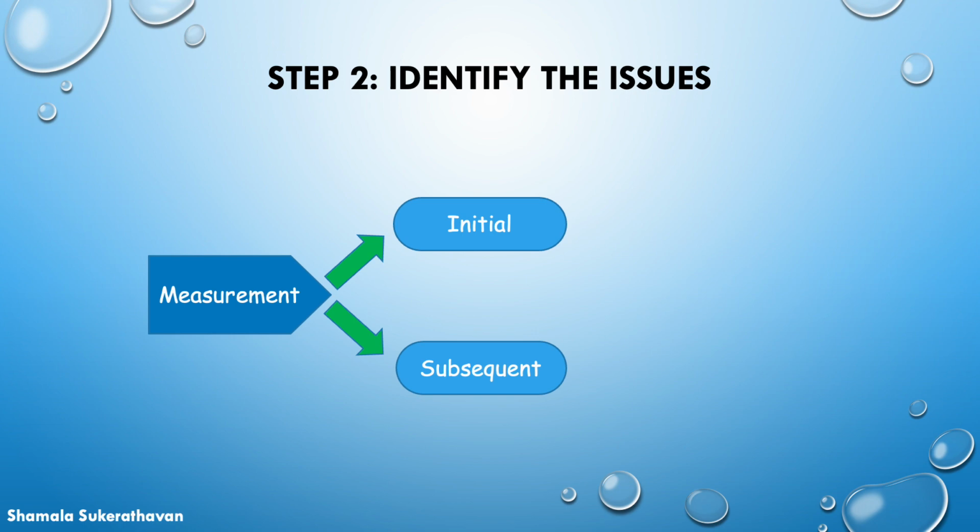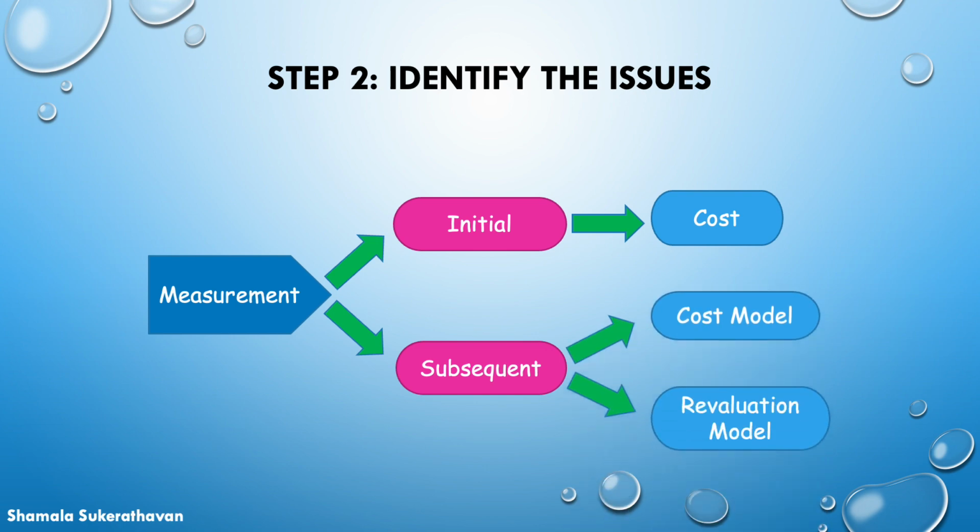The building was acquired on 1st January 2019, and on initial recognition, it should be measured at cost. Subsequently, ABC Limited has a choice of adopting either the cost model or the revaluation model.